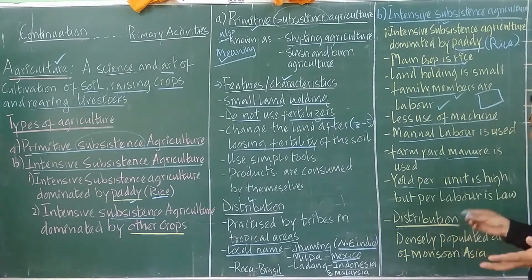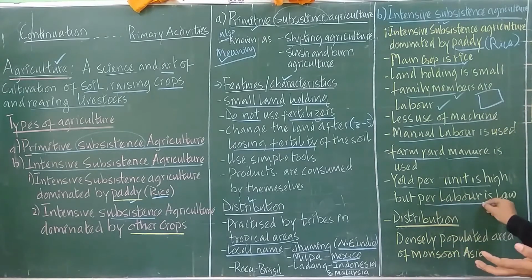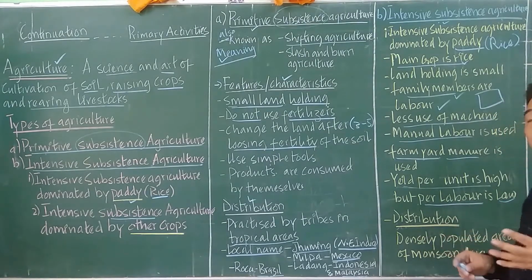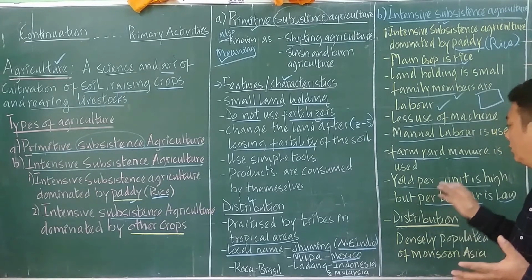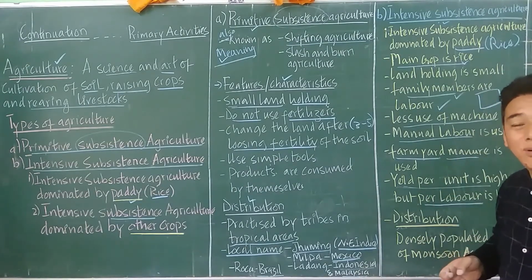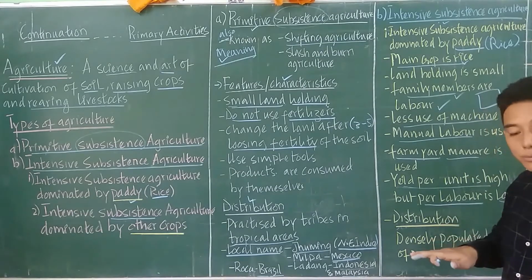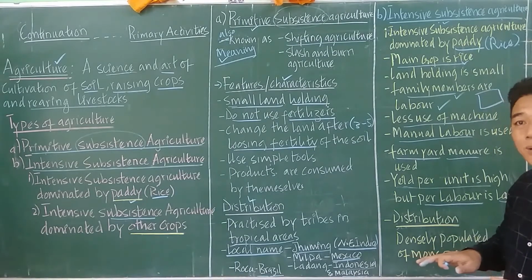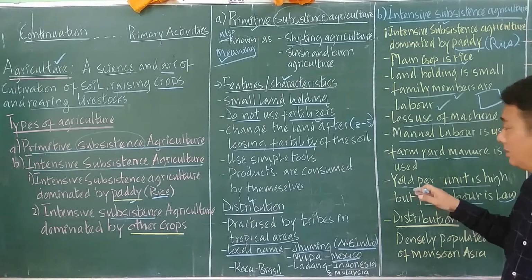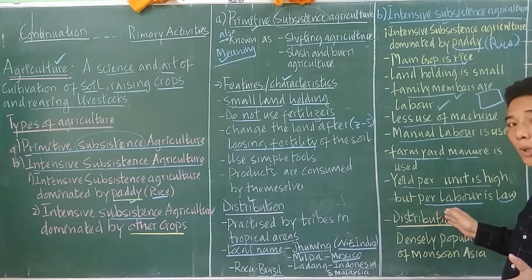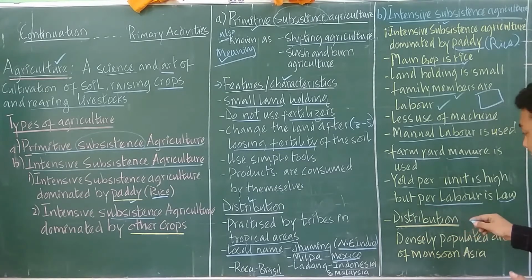But the production per labor is low, because on the small land there is intensive, high use of labor. So when you distribute that production among the family members or the people who work in the field, it will be very low. Per labor production is low.